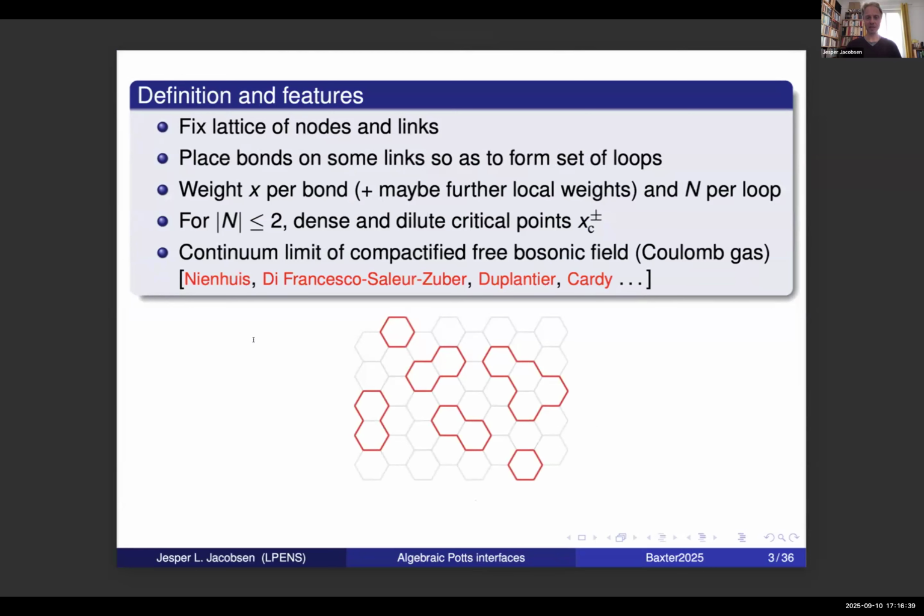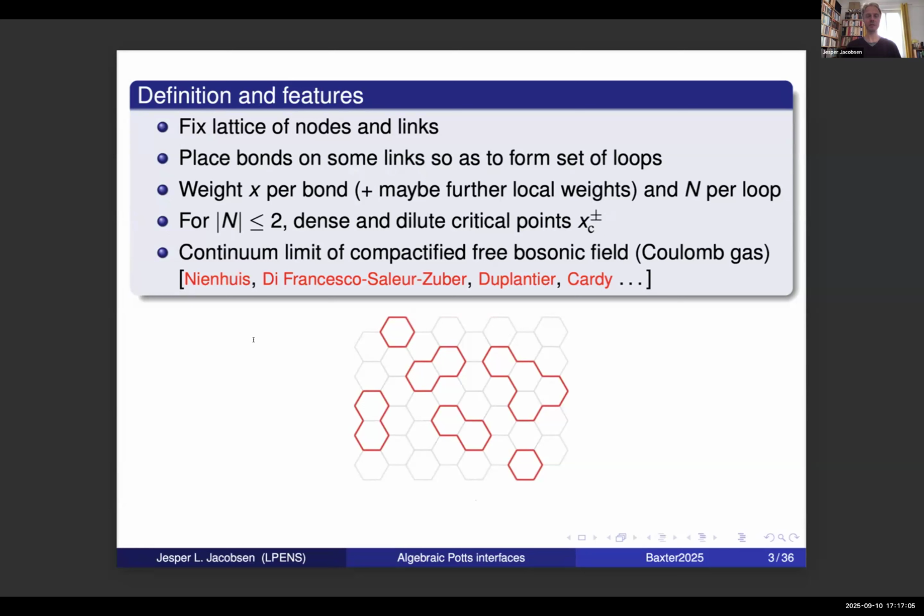You take a hexagonal lattice and then you draw loops on it. The basic idea is to give loops a fugacity n. And there are also some local weights, x per bond. If n, the non-local weight, is less than 2, then there are two critical points, a dense one and a dilute one. And the continuum limit of this model is very interesting.